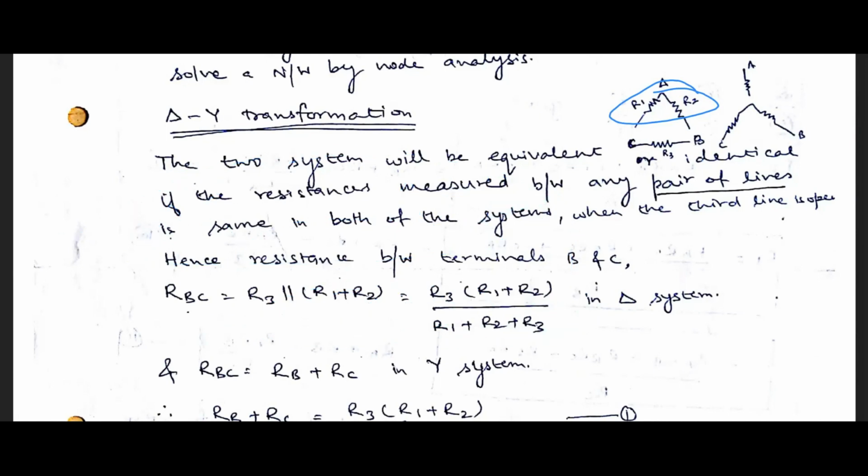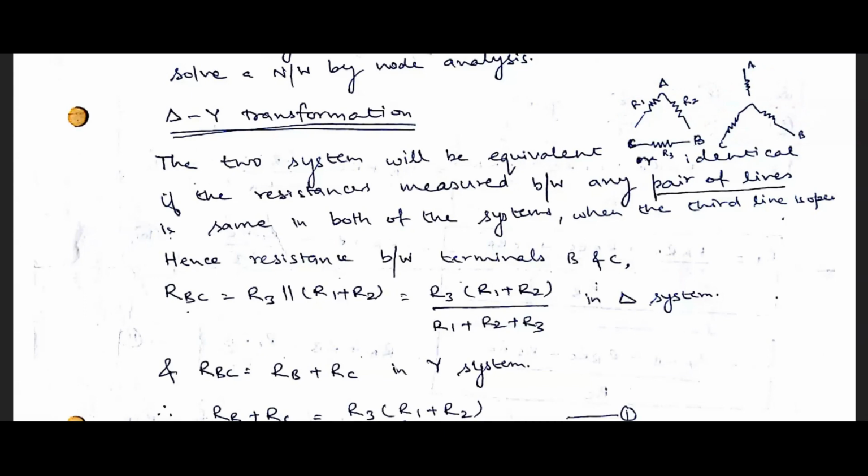Similarly, we will see the star arrangement. Here this A vertex is pulled and the third line is open. So here B and C are in series and A is disintegrated from them. Okay.